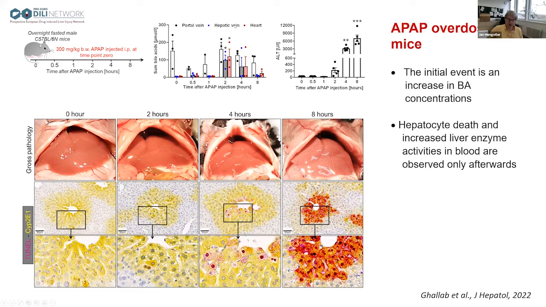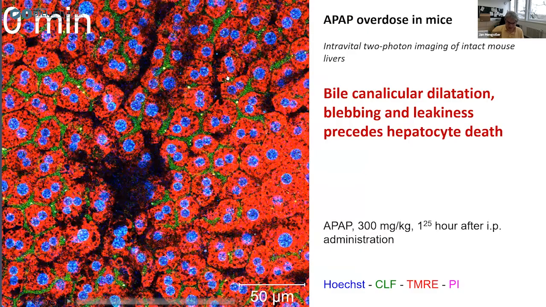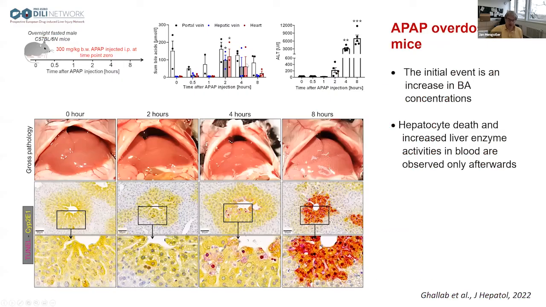Hepatic vein, similar situation. Here, the gray bar, and also this transient increase, so the bile acids come indeed from the liver. The portal vein is a different situation. This reflects which bile acids are reabsorbed from the intestine. And what is important, this peak of bile acids in the blood is before the liver enzyme, here ALT, increases.